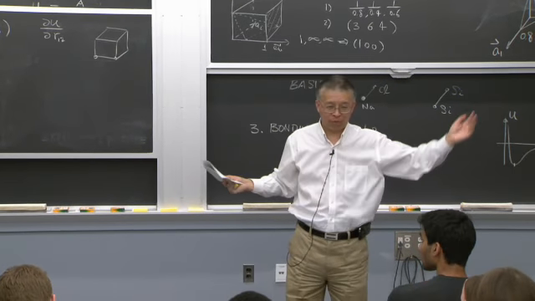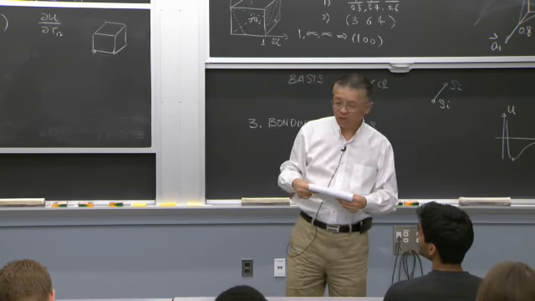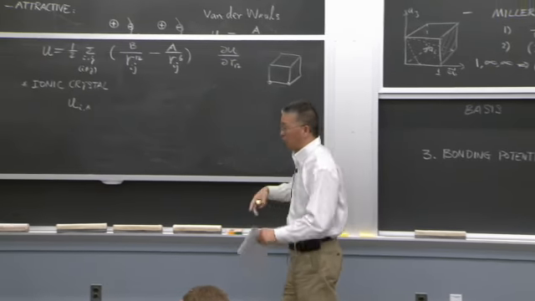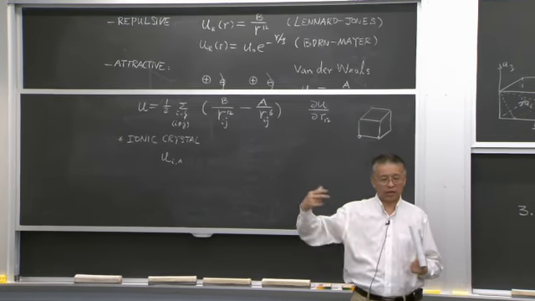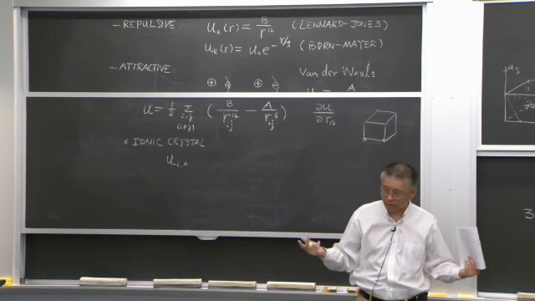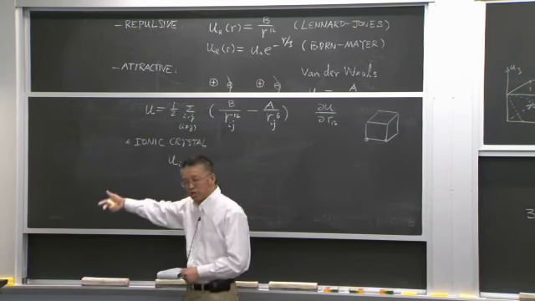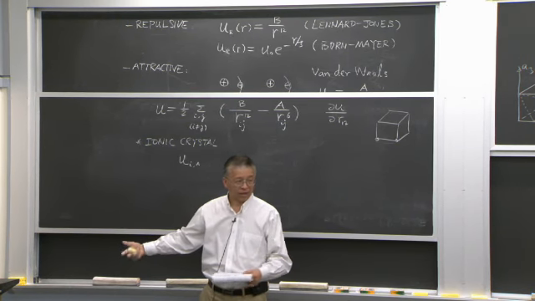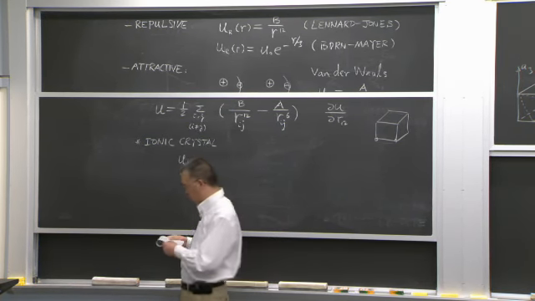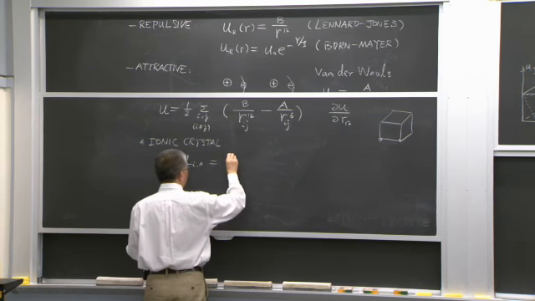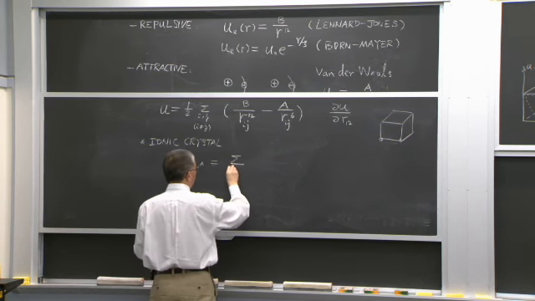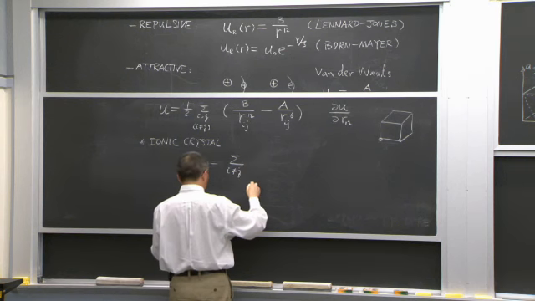Otherwise, everything is repulsive and you don't have a crystal. So for this atom i, you look at the surrounding atoms, and the next atom could be chloride. You sum them up, and you look at the next shell, that would be sodium again. That's repulsive. You do all this summation over all other atoms.